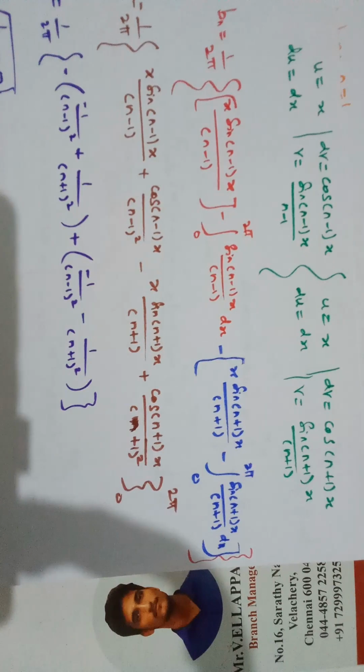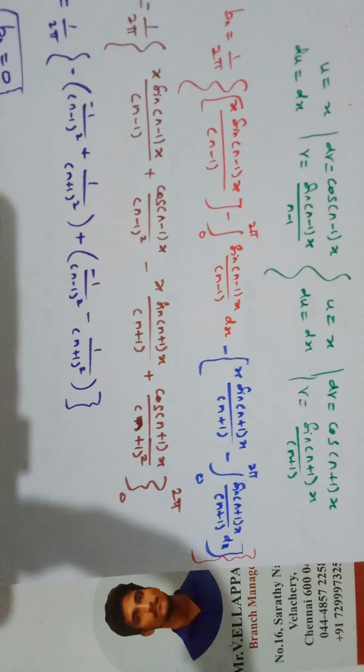And u equals x, du equals dx, dv equals cos(n plus 1)x, v equals sin(n plus 1)x by n plus 1. So bn equals 1 by 2 pi. After integrating, the first term and second term become x sin(n minus 1)x by n minus 1, and then x sin(n plus 1)x by n plus 1.